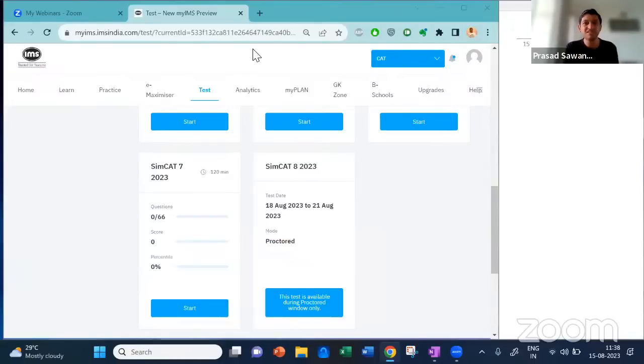There is a lot of experience in terms of test taking. There is a lot of experience in terms of understanding what the common traps are, and my knowledge of common traps would be much larger than an average individual's understanding of common traps, right? So that is something that comes naturally to me. This is something that I enjoy doing. So that is something that works in my favor.